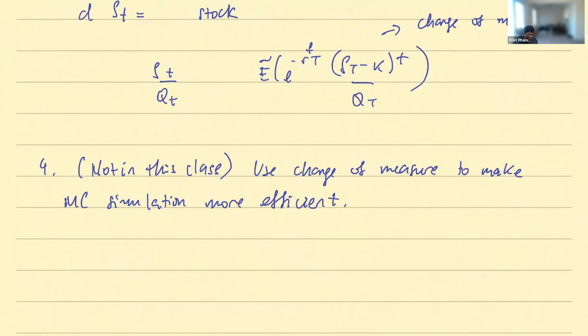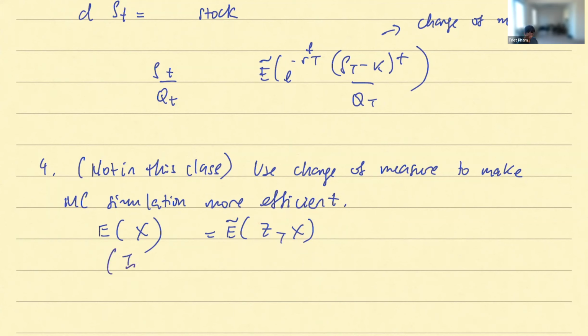And the idea is, suppose you want to calculate some expectation, but this guy has very high variance under your original probability. You want to switch to something else and deal with a different random variable, but hopefully that random variable has lower variance under the new probability, so that it allows you to calculate more efficiently.